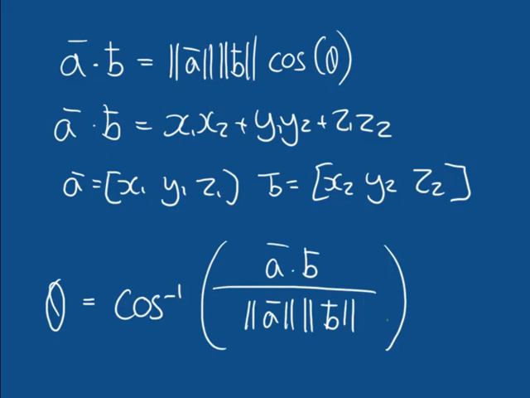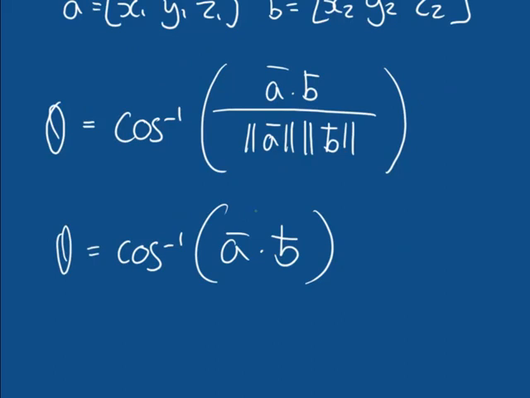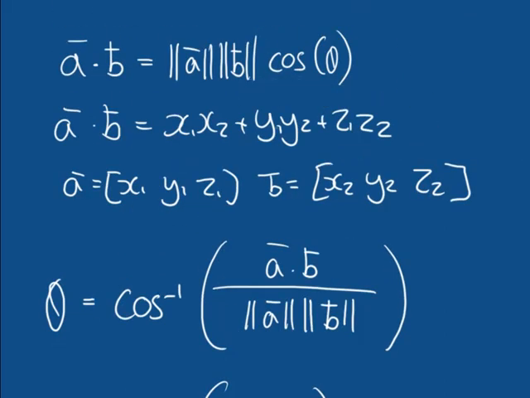So we have seen how we can rearrange our first definition to find the angle between the two vectors, and we've discussed how we can make the calculations more efficient if those two vectors are both unit vectors, because the magnitude of those vectors is 1. Therefore, this equation simplifies down, and if they're unit vectors, the angle is equal to the inverse cosine of simply A dot B. We can calculate that using our second definition, the component definition, and that's actually quite an efficient calculation.